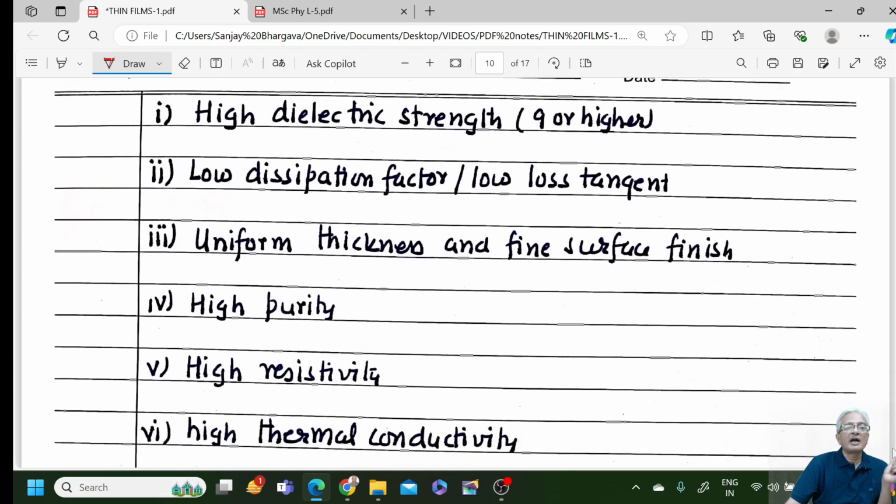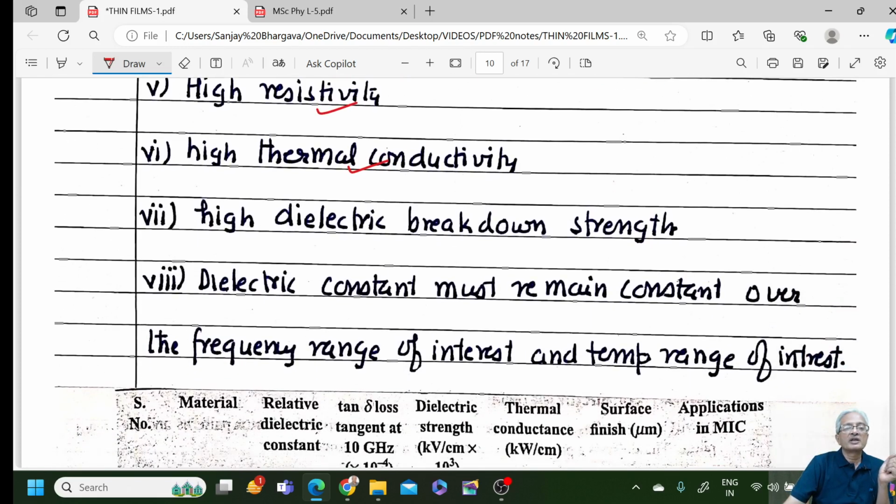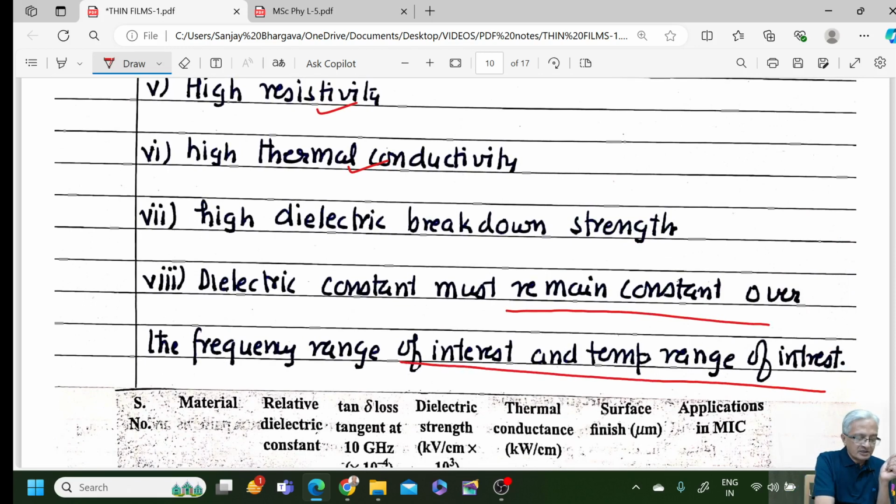It must have a high dielectric constant, 9 or higher, low dissipation factor, that is low loss tangent, uniform thickness and fine surface finish, high purity, high resistivity, high thermal conductivity, high dielectric breakdown strength. Dielectric constant must remain constant over the frequency range of interest and temperature range of interest.